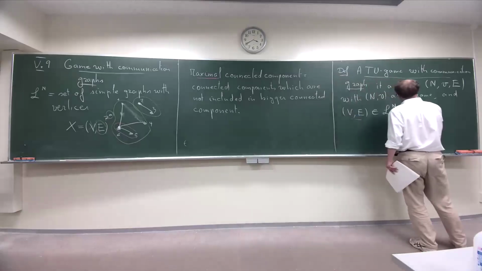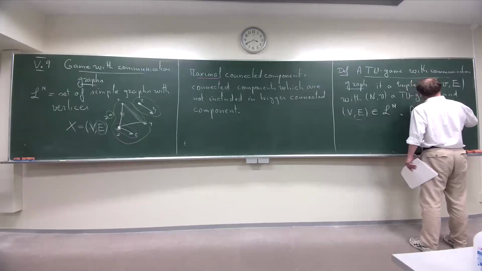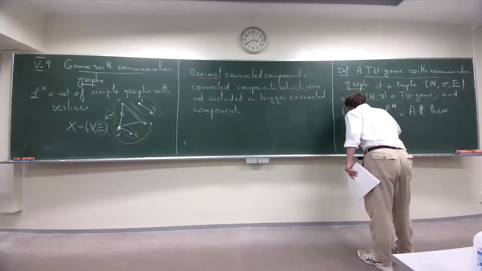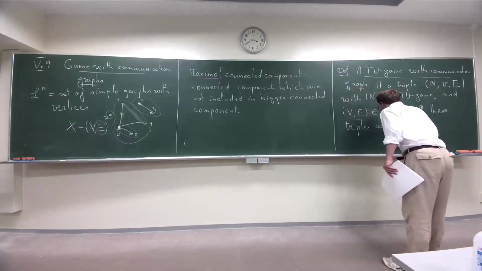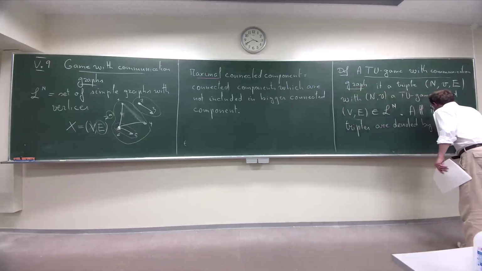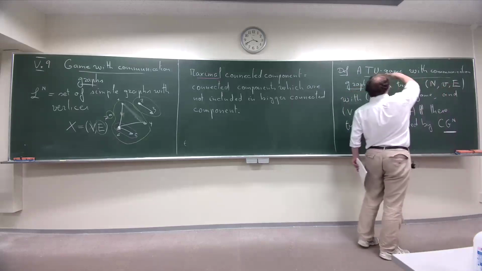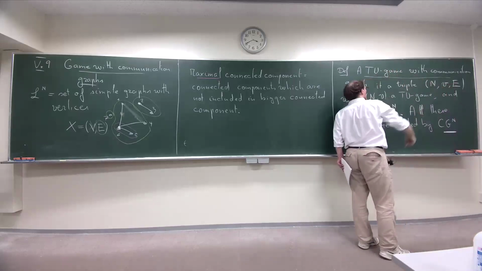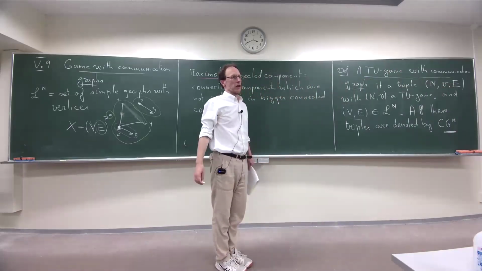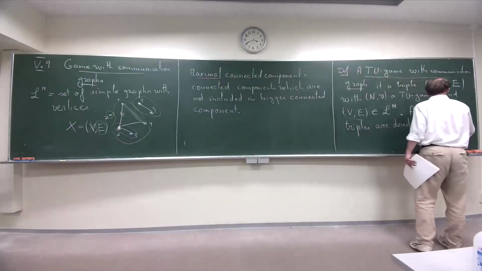And all these triples are denoted by CGL. So the set of all TU games with communication graph is denoted by CGL, communication TU game. Okay.